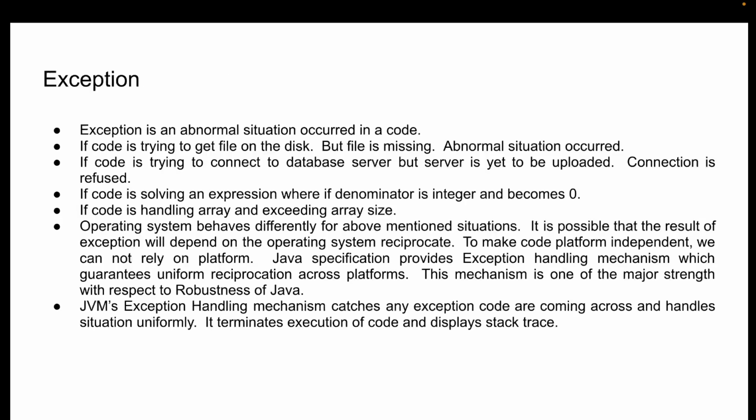So an exception is an abnormal situation that occurs in code. There are some examples of exceptions which might occur in a program, so we'll go through these examples. You will get to know the types of situations in which you might need to handle exceptions. If code is trying to get a file on the disk, but the file is missing, an abnormal situation occurs. Suppose you are trying to read a file that you have kept in one of your document folders or in your workspace.